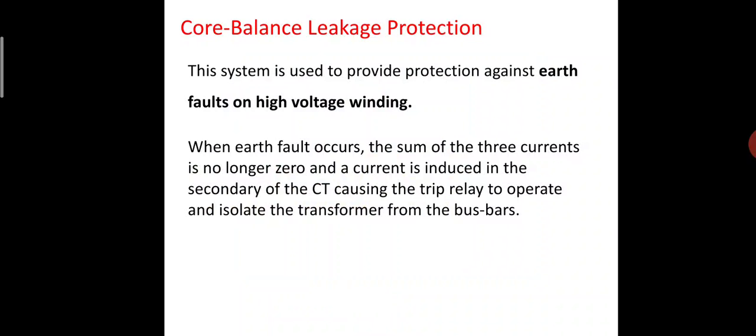When an earth fault occurs, the sum of the three currents is no longer zero and a current is induced in the secondary of the CT, causing the trip relay to operate and isolate the transformer from the busbars.